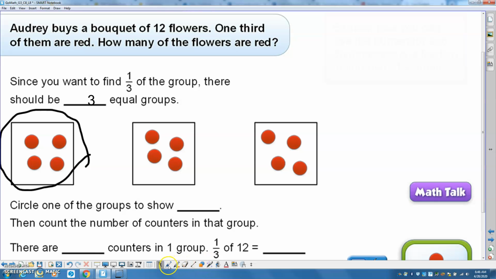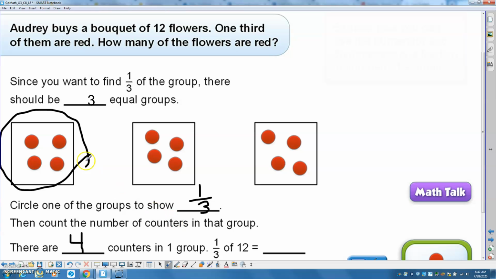So we can say that that group, hold on, I'm going to use my pen for this because it's hard to make fractions. Okay, this group right here that we circled represents 1/3 of the 12. Okay, so it shows 1/3, just this circled group here. So when we counted up how many there are, 4 counters in one group.